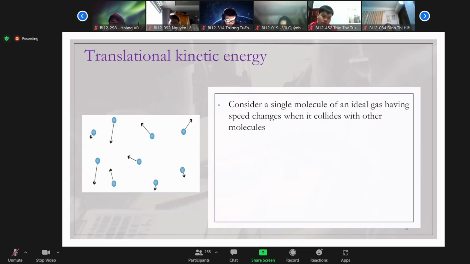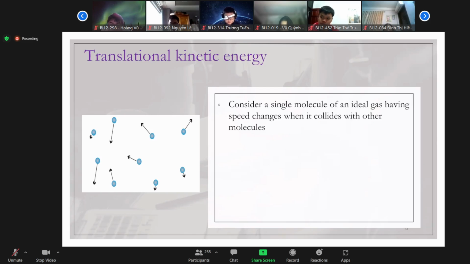So this is for the relationship between the pressure and the speed. Now we consider the translational kinetic energy of the molecule. This is another problem.